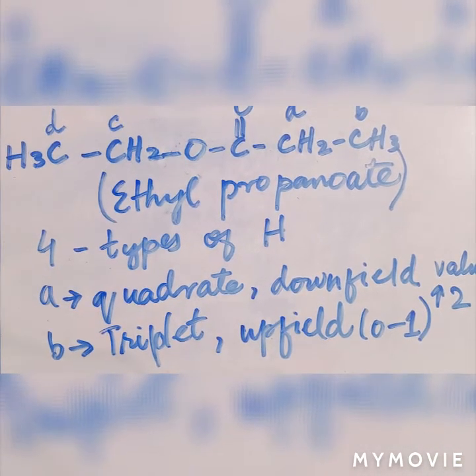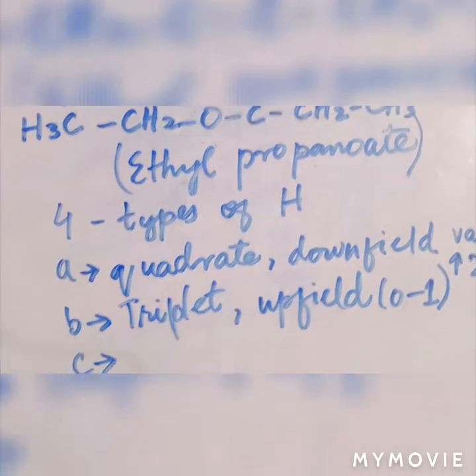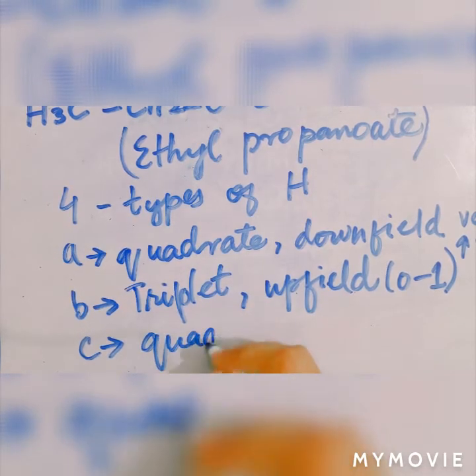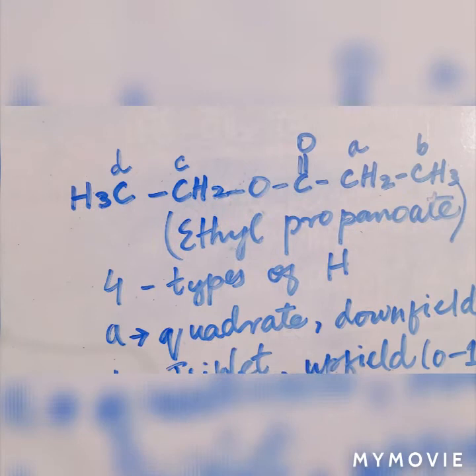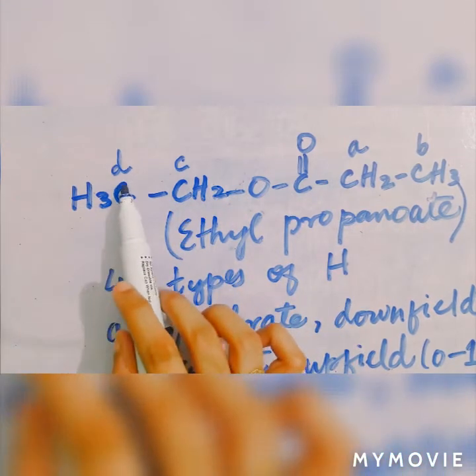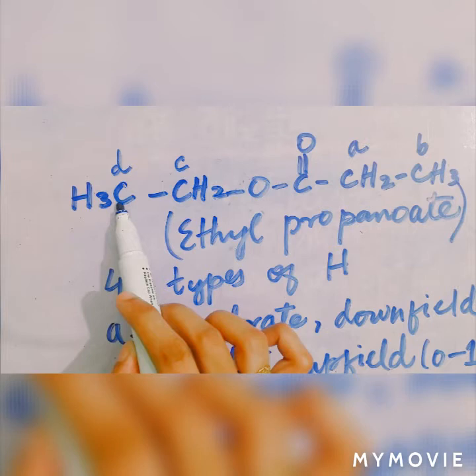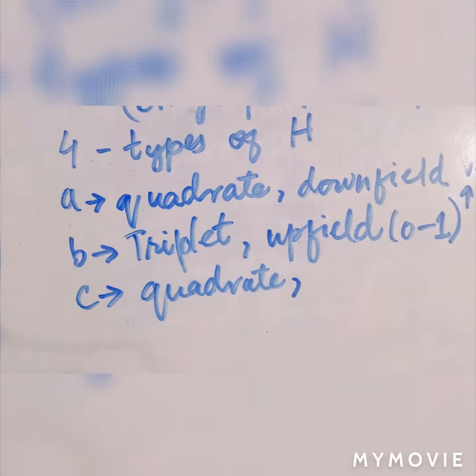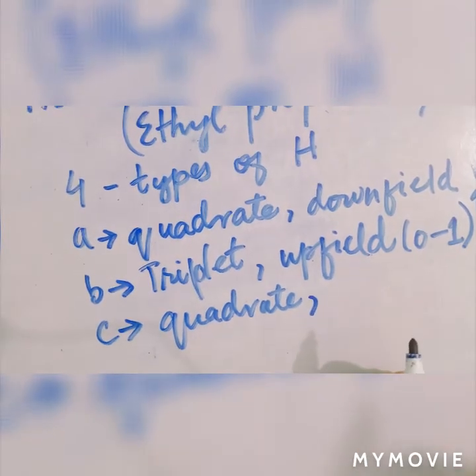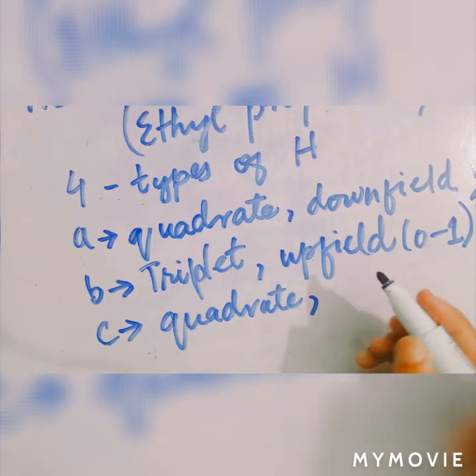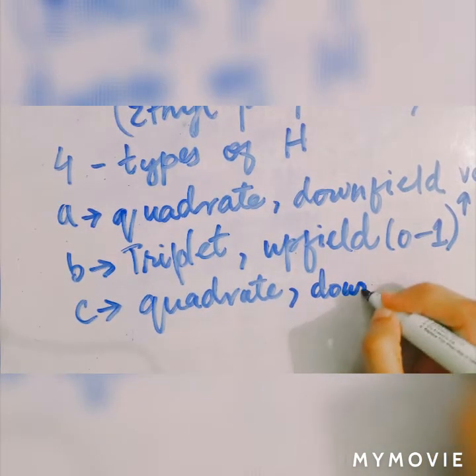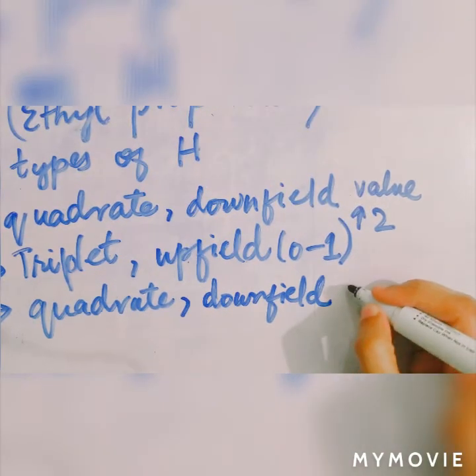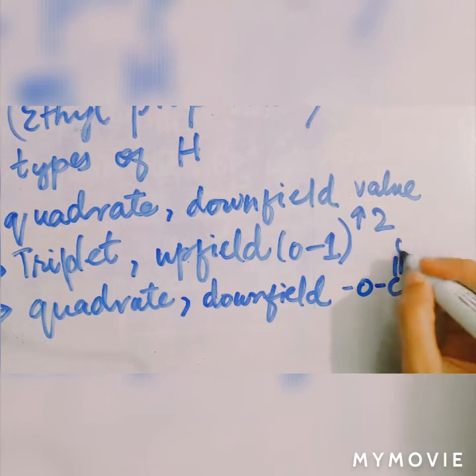Now coming to the C proton, CH2 C. It will give a quartet again because this CH2 is adjacent to CH3. 3 plus 1, 4, quartet, and it is really downfield because it is adjacent to the OCO group.